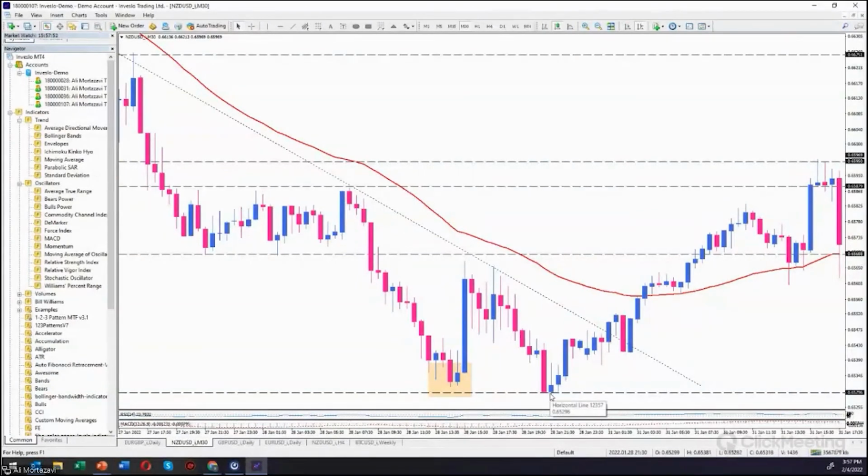They couldn't get full control of the market, as shown by this long upper shadow, but the sellers also couldn't drive the market lower. It means we have a very solid support area here.